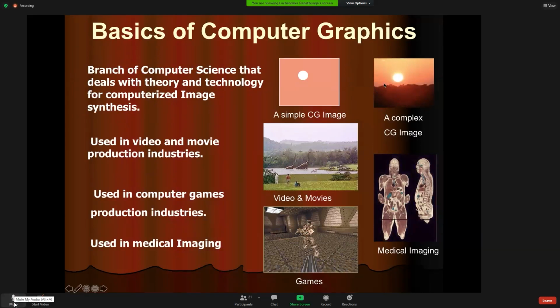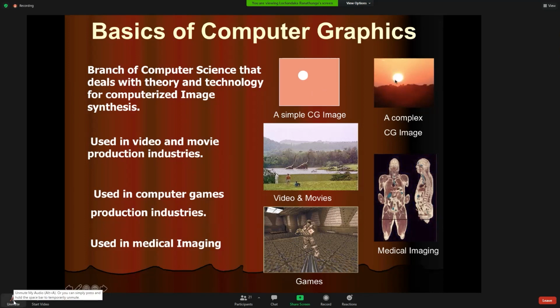And left hand side, what's the difference between these two? The right hand picture has more details. Yes. Left hand side picture, only a circle. Very simple. A simple circle is there. It is a simple image and you have only two colors, right?